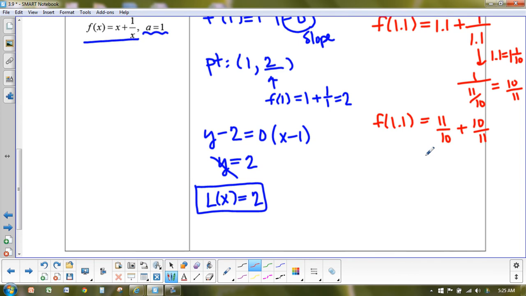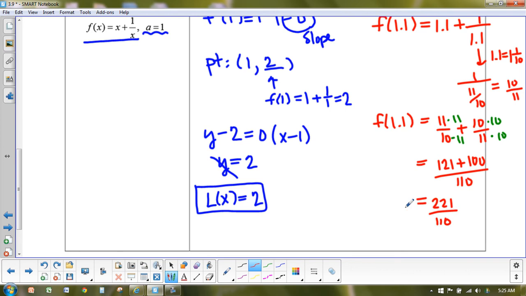So 221 over 110. That's the same thing as 2 and 1 over 110. So I have a value for L of 1.1, and I have a value for f of 1.1, and they want me to compare how accurate they are.